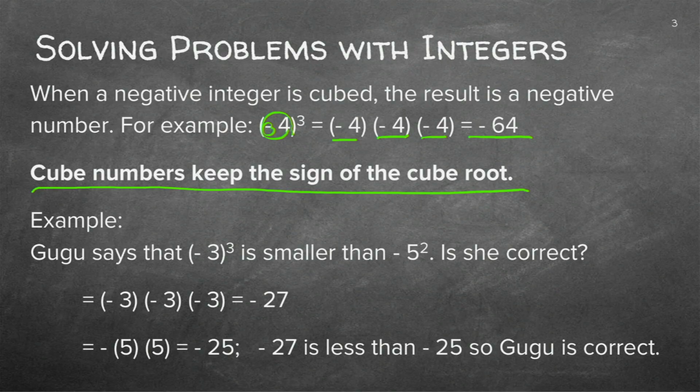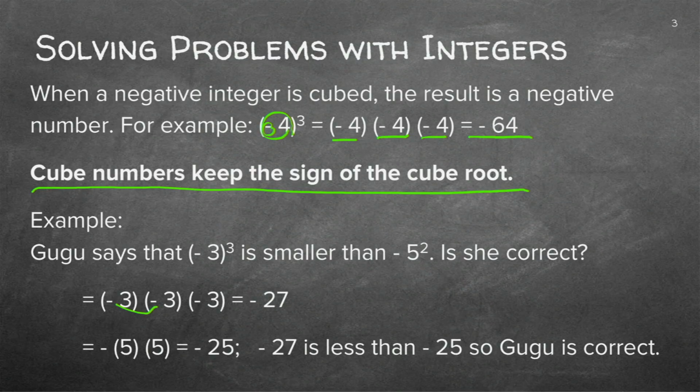Now here's a little example. Gugu says that (minus 3) cubed is smaller than minus 5 squared. Is she correct? Now I want you to stop and see if you can do this for yourself. Okay, so let's go over this slowly. Minus 3 times minus 3 times minus 3.